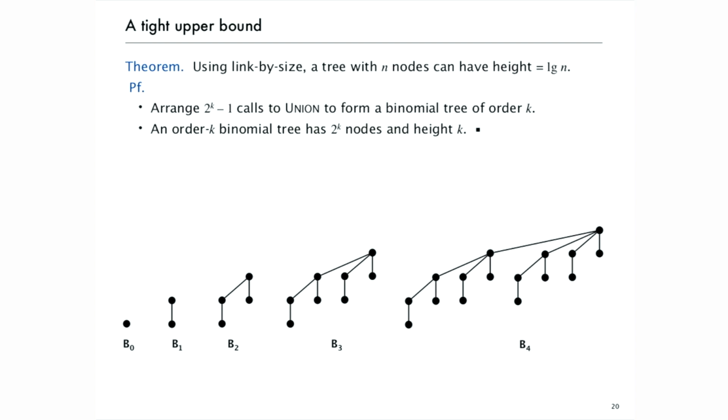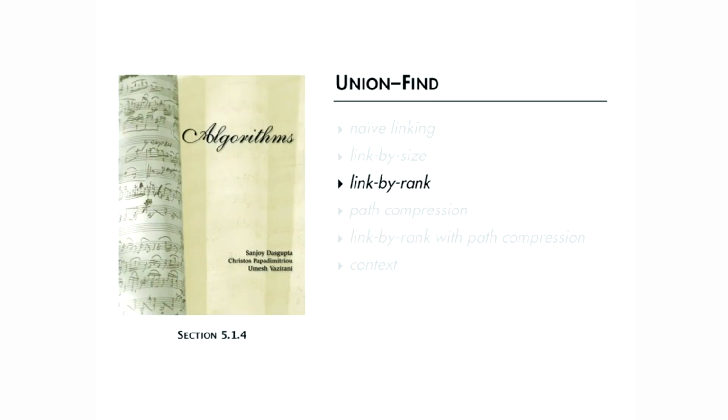Then I combine that one with another to get another copy, and then combine it with the other one to get a bigger height, and so on till we get Bk. This has height k, and we have applied the sequence of operations while maintaining the invariant that we point the smaller size set to the larger size set. When they are equal, we do not care. So this becomes tight.